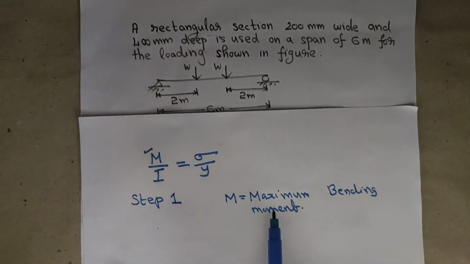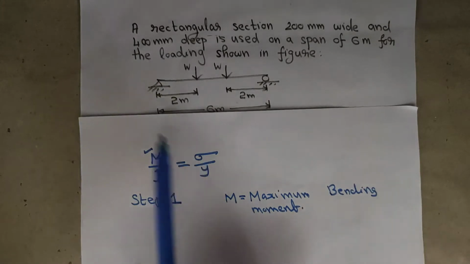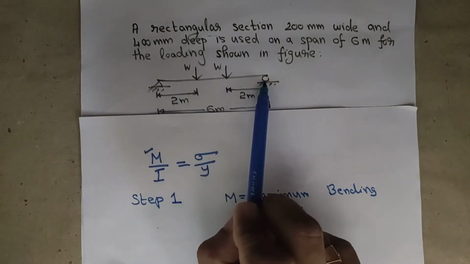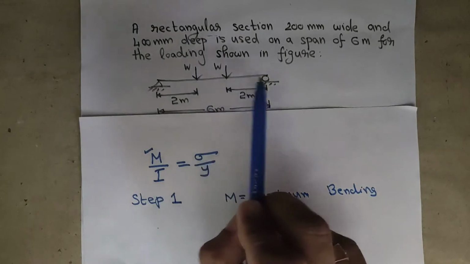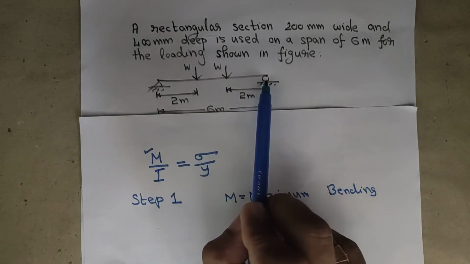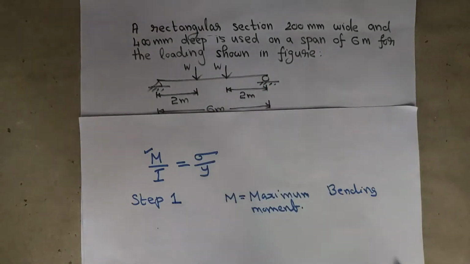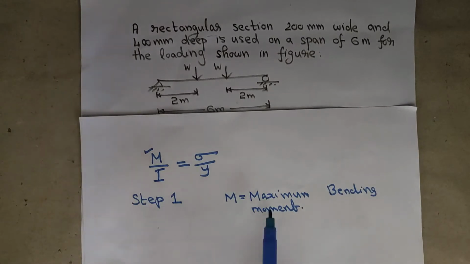So to find out the maximum bending moment, we will sketch the bending moment diagram. Now to sketch the bending moment diagram, first we must determine the reactions at the supports. So we'll find the reactions and then we'll sketch the bending moment diagram and we will get the maximum bending moment value.